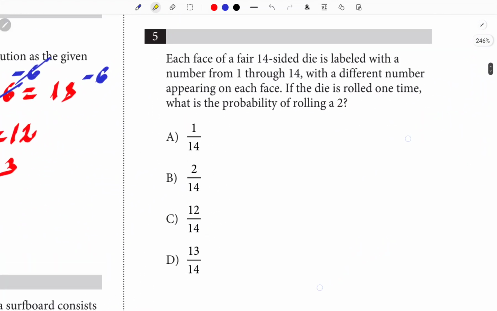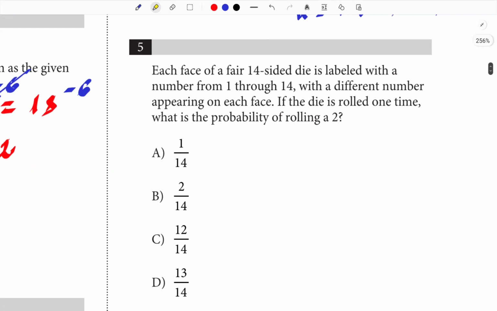Question 5. Each face of the fair 14-sided die is labeled with a number from 1 through 14, with a different number appearing on each face. If the die is rolled 1 time, what's the probability of rolling a 2?